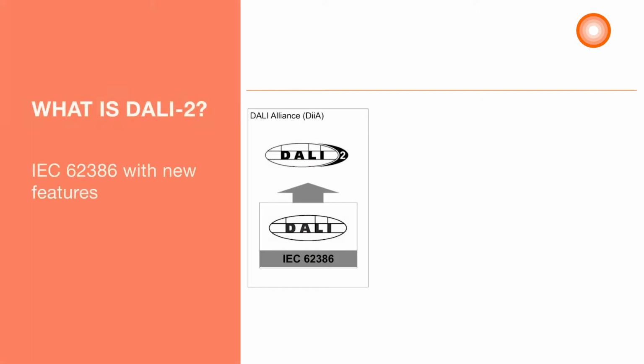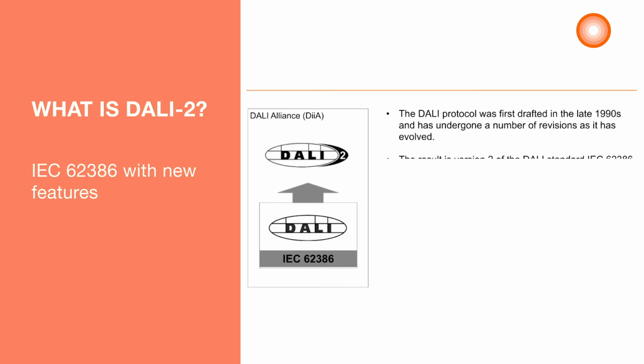You might ask yourself the question, what is DALI 2? The DALI protocol was first drafted in the late 1990s and has undergone a number of revisions as it has evolved. The result is version 2 of the DALI standard IEC 62386, which is known as DALI-2.